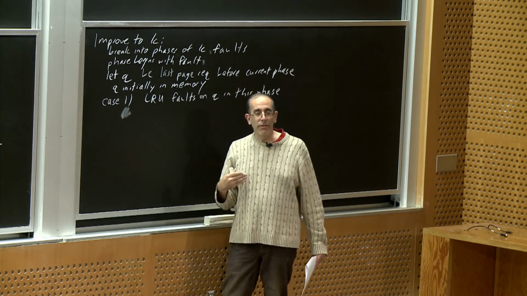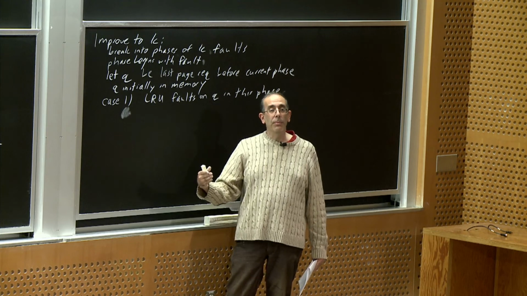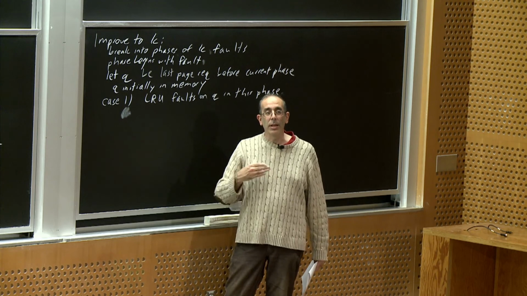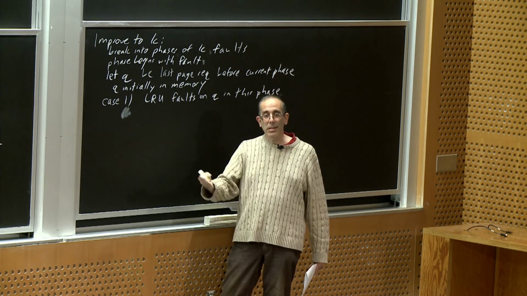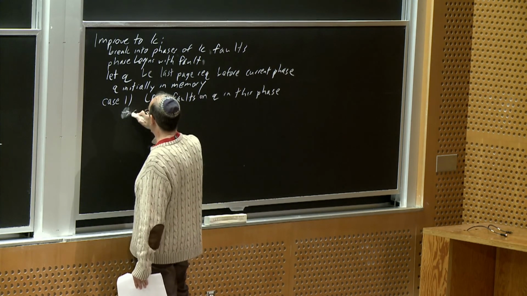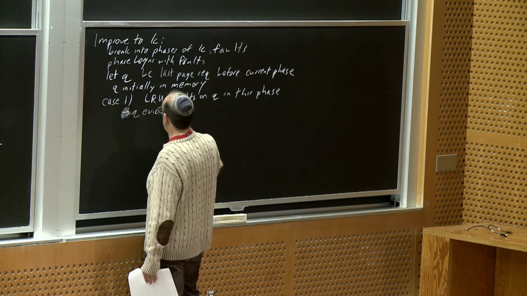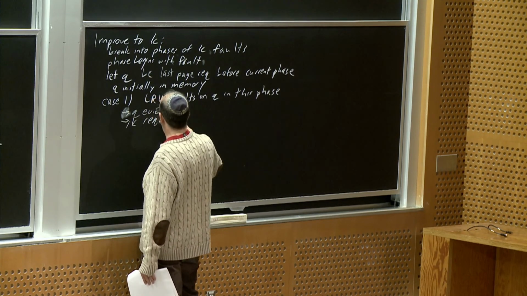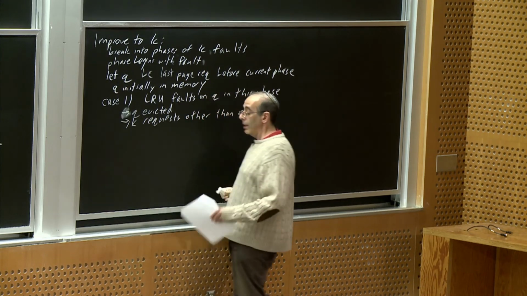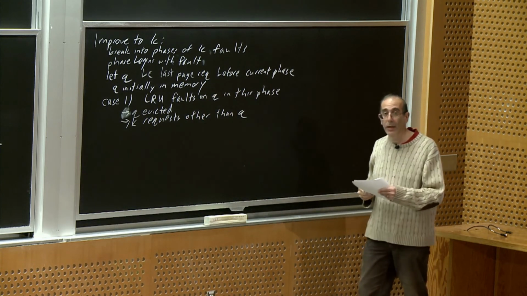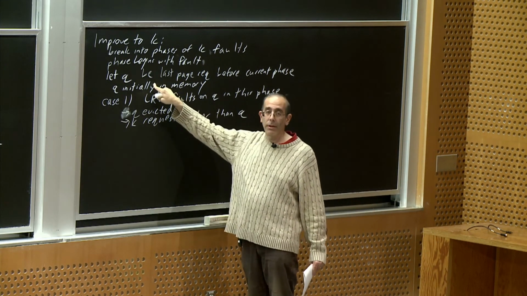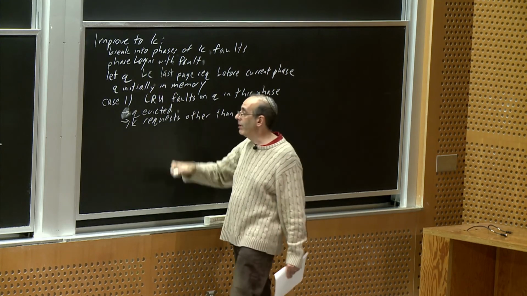So the only way to make a fault happen is to evict Q. And in order to evict Q, you have to get K other pages to be more recent than Q. So you're going to need K distinct requests in this phase that are not Q. So there are K requests other than Q in this phase, along with the request for Q that happened in the previous phase.